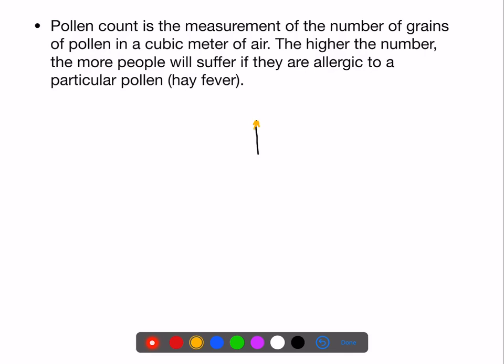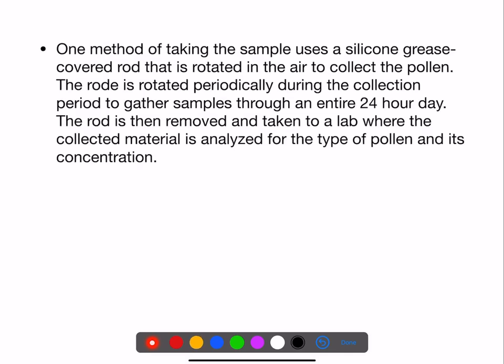So the way that they measure these pollen counts is they take a rod, such as this rod right here, and they grease it. They cover it in grease. So that's the grease along our rod. Now, they'll take this rod and spin it around periodically throughout a 24-hour day.